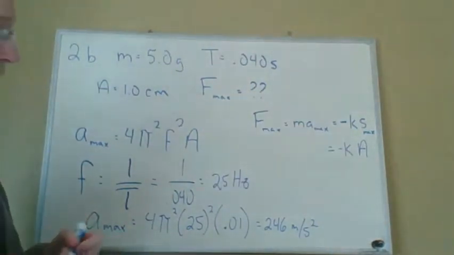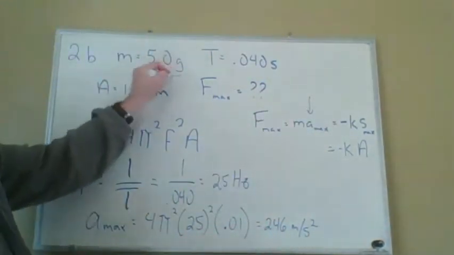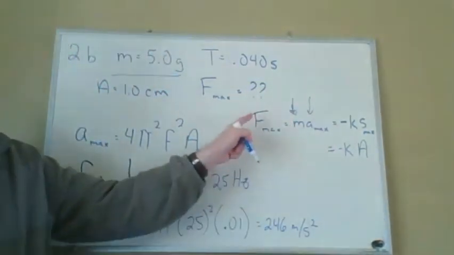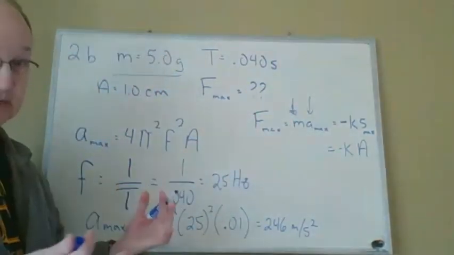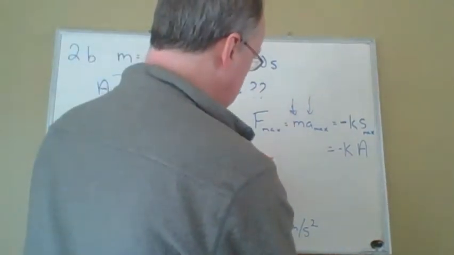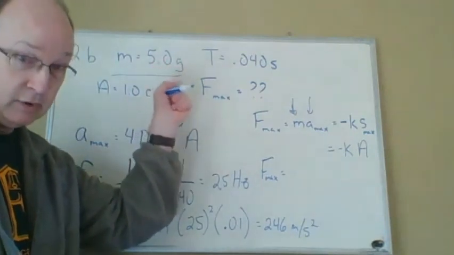Now, what that tells us is this value right here. And since we know the mass, this value right here, we can now use this equation, Newton's second law, to find the maximum force. So I've got F max equals 5 grams. Again, you've got to convert to kilograms.